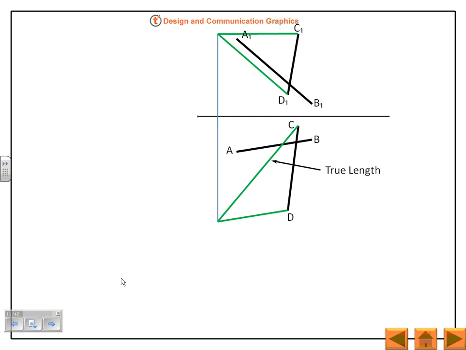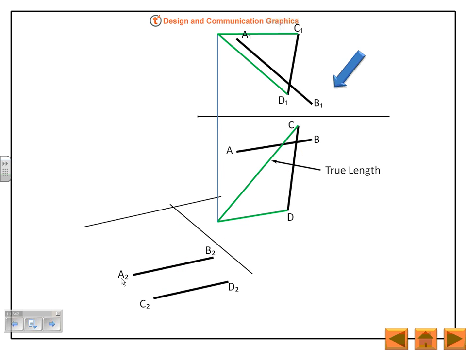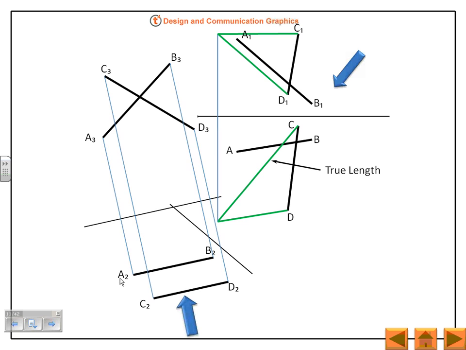Same thing again. This time I'm moving one step forward. I want to find the shortest perpendicular distance. So I am looking at right angles to these two lines.